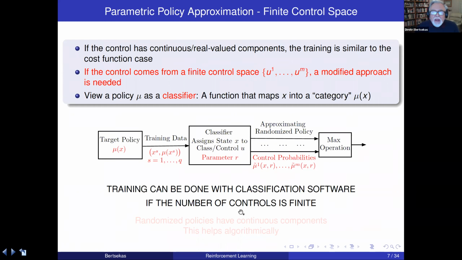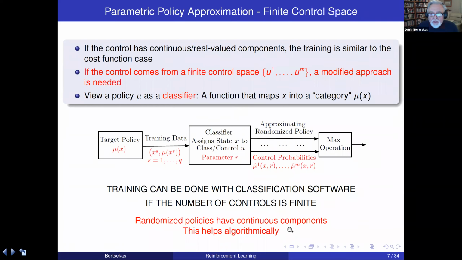So all of this training can be done with classification software. Some of them use neural networks, some of them do not. There are a great variety of classification software, and many of those are useful in the reinforcement learning context if the number of controls is finite, okay? In the case where the control components are continuous, then basically what applies for costs also applies for controls.